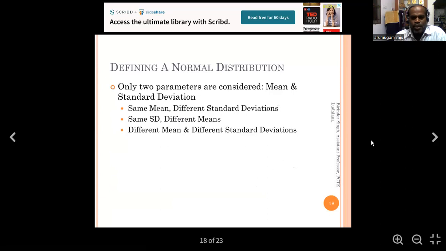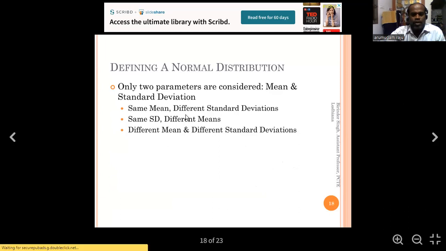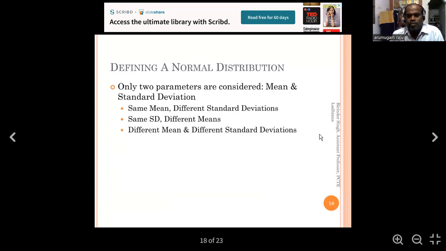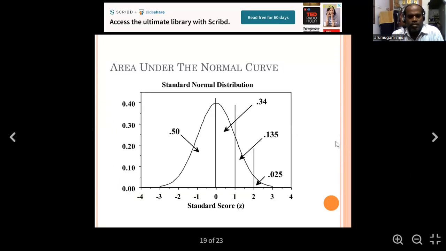So next we have some definition of the normal distribution. Only two parameters are considered in the normal distribution, mean and standard deviation. Same mean, different standard deviation. Same standard deviation, different means. Different means and different standard deviation. Here you can see this normal curve. It is based on the area.